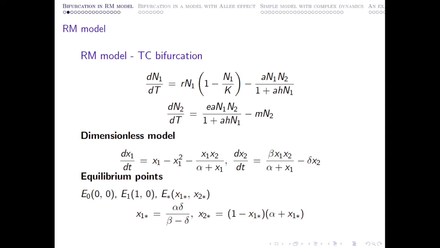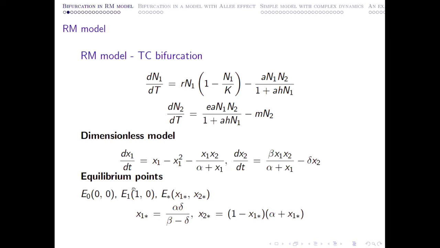Once you have this kind of observation, then it is very easy to proceed further for appropriate bifurcation analysis. And what you have observed, that two equilibrium points coincide with each other.